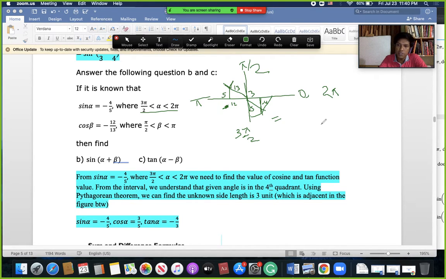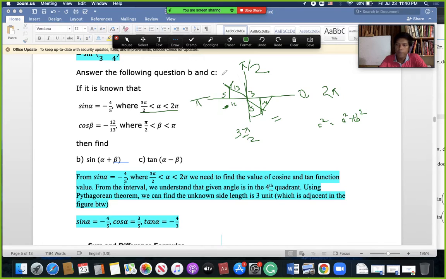Pythagorean identity means hypotenuse square equals to the sum of the other two sides square, a square plus b square. Any two sides will be given, and you will have to find the other side. So that's easy when you know it.